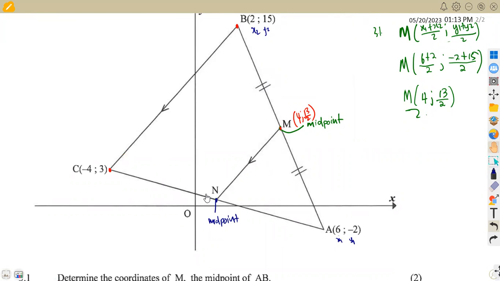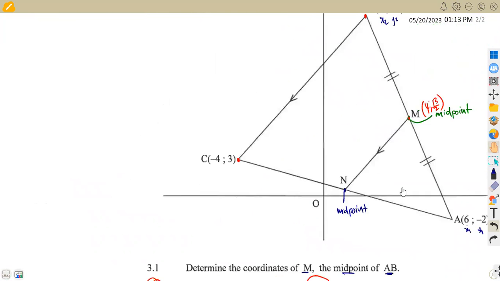So from the midpoint theorem or the midpoint concept, a line through the midpoint of one side parallel to the second side. So this is the midpoint concept that you're going to apply.